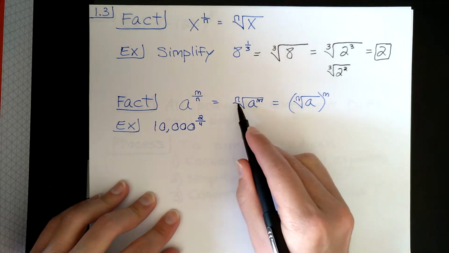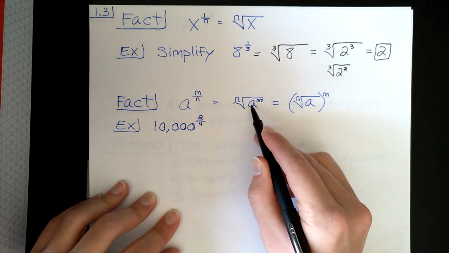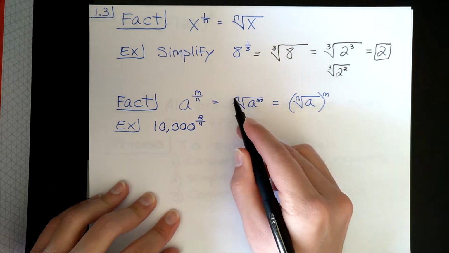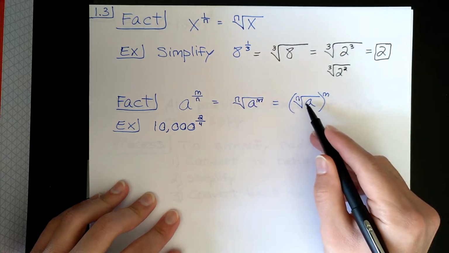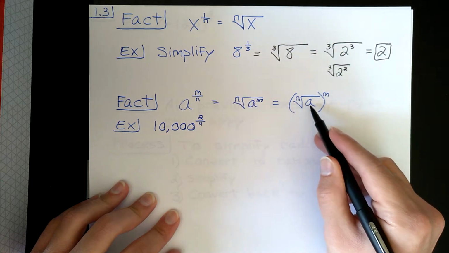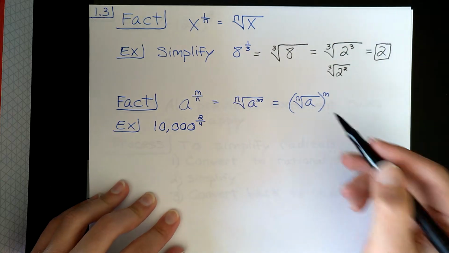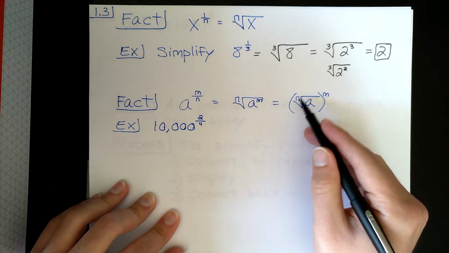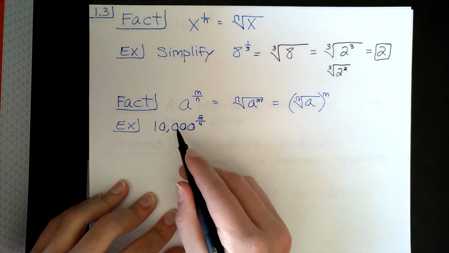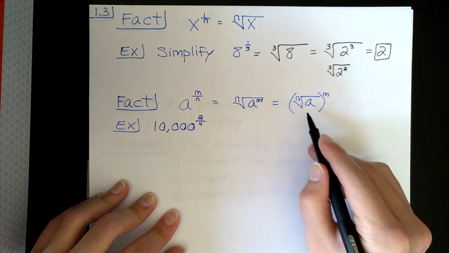So it's either going to be 10,000 to the second power and then a fourth root all on the outside, or it's going to be the fourth root of 10,000 all being raised to the second power. And remember, we decide this based on whether or not we can simplify that root with just the 10,000 in it. So let's go ahead and try this case first.